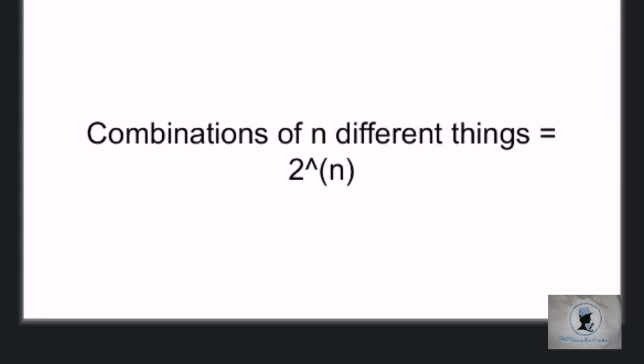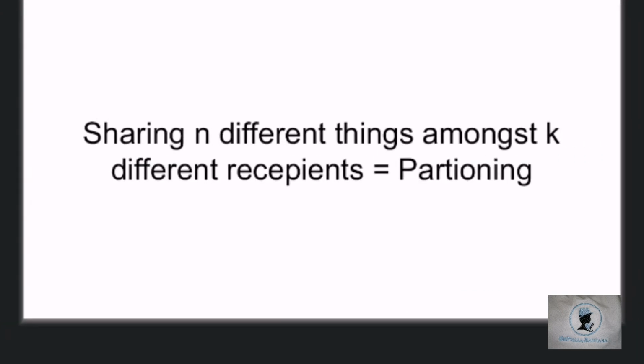Again, combinations of n different things is 2 to the power of n. Sharing n different things amongst k different recipients, we partition. So you partition based on the conditions that you are given. In your scenario, you'll determine what n and k are.